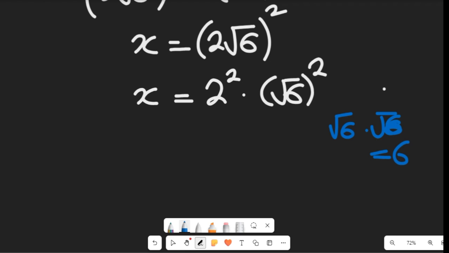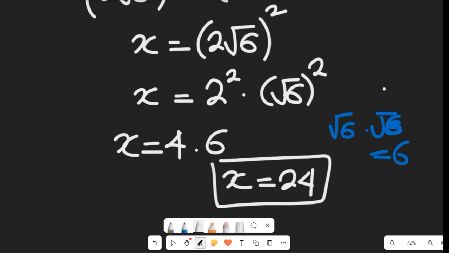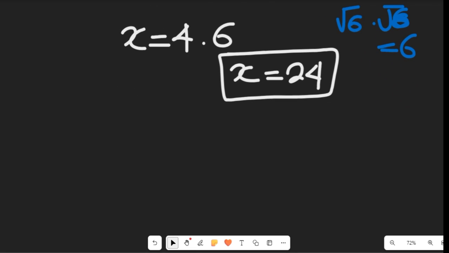So we're going to have the value of our x to be equal to 2 square is 4 multiplied by 6, and then the value of our x will be equal to 24. And that is the solution to that fractional square root expression given to us up here.